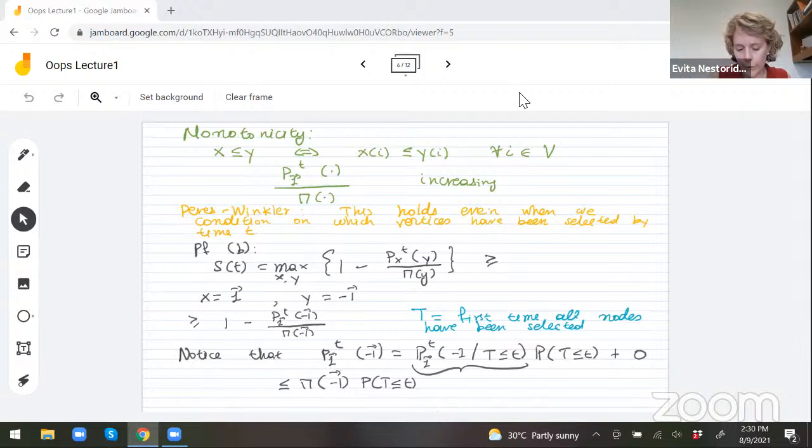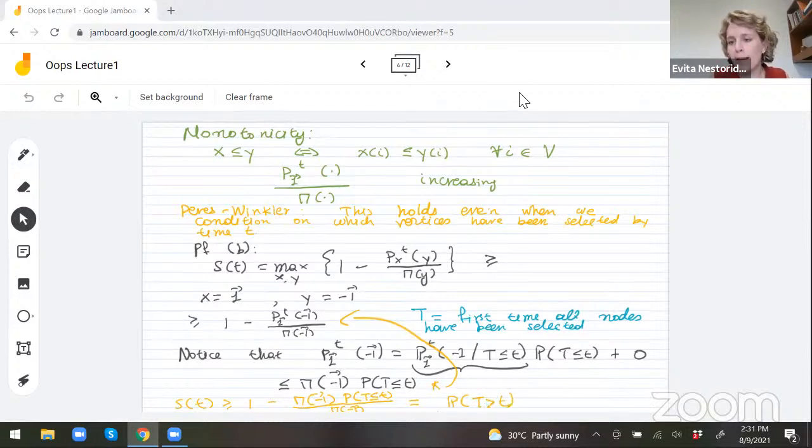And both numerator and denominator are probability measures. So if we plug this in here, this gives that the separation distance is bigger or equal than 1 minus pi of minus 1 times the probability that T has happened, divided by pi of the all minus 1 configuration. And this really is the probability that T hasn't happened yet.